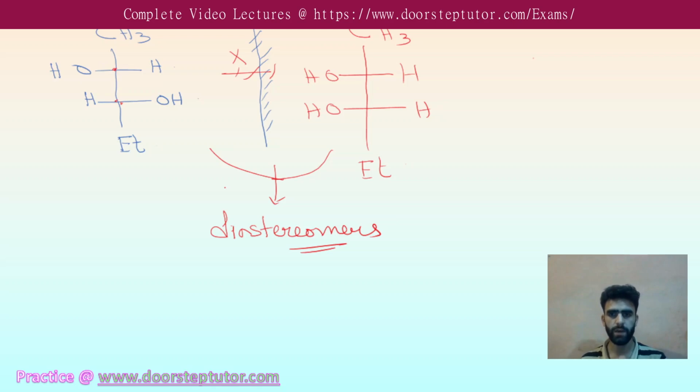Now let us see here. Suppose in the first compound we have RR configuration. If we have RR in one compound and in another compound we have the same configuration, that is RR, then the two compounds will be identical.